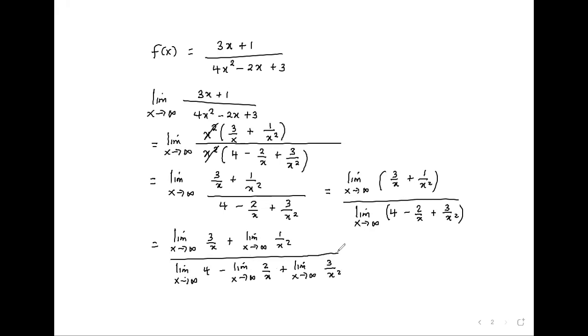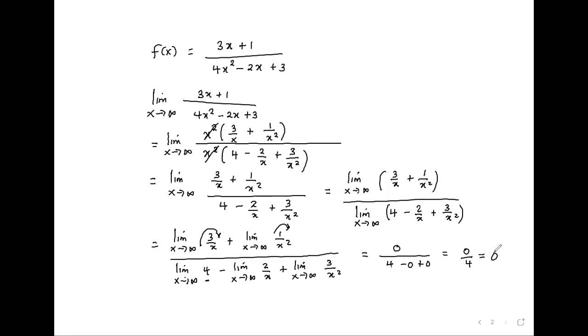So as we apply that property, we now have 0 for this part, 0 for this part. So we get 0 in the numerator over 4 minus 0 plus 0, which becomes 0 over 4, which is equal to 0.